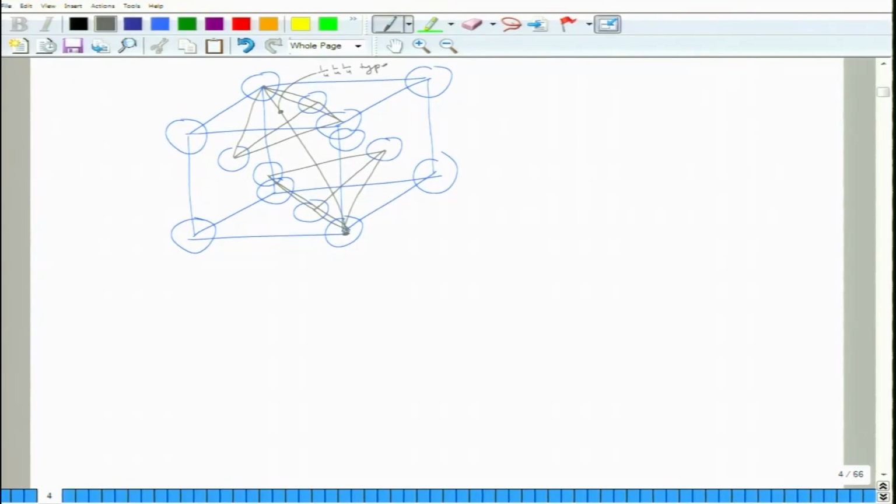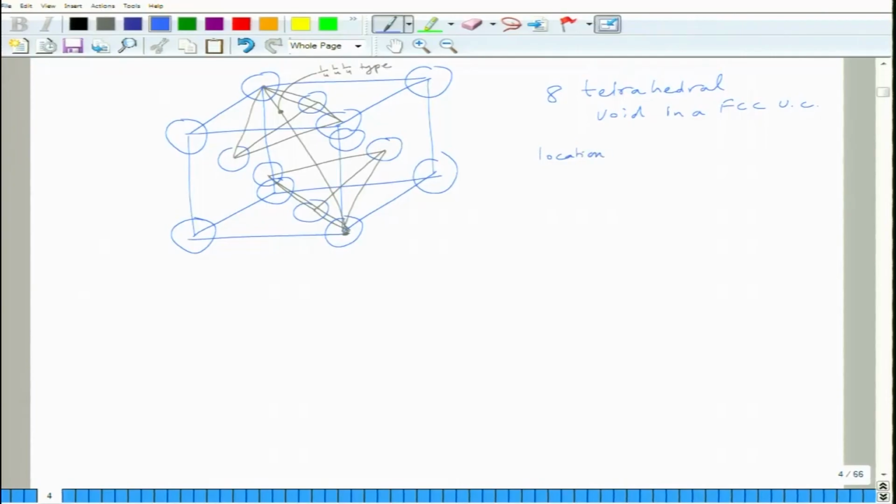Okay. So tetrahedral voids, you have 4 body diagonals and you have 2 near each corner. So as a result you have 8 tetrahedral voids in a FCC unit cell.